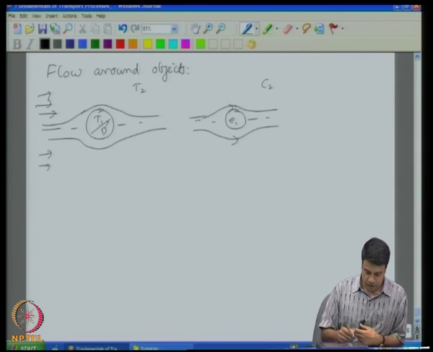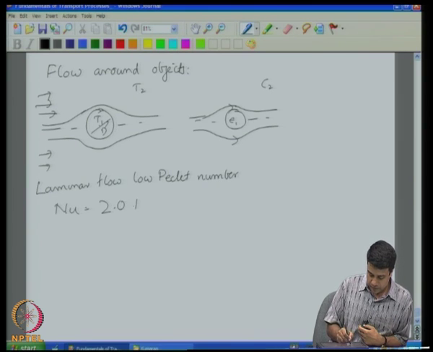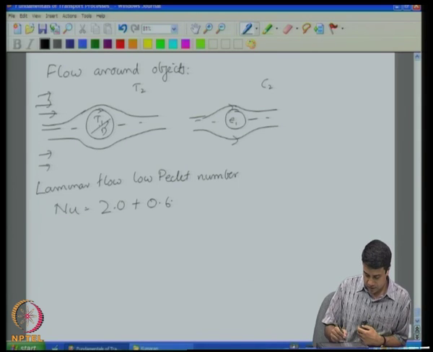And for example, for laminar flow and low Peclet number, I will have a correlation of the form Nusselt number is equal to 2 plus 0.6 Re power half Pr power 1/3.